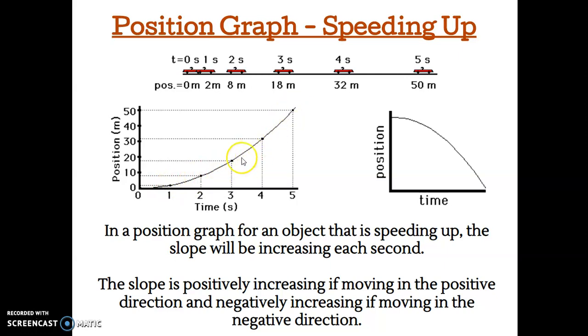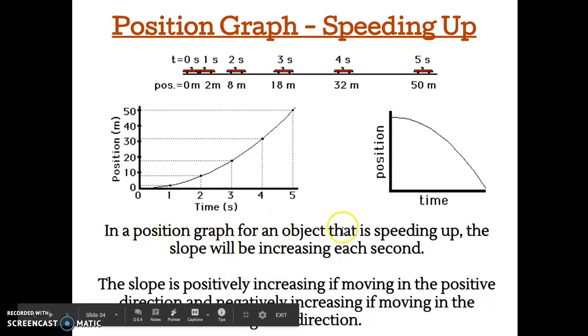If you look at this curve, the slope at any given point as we go in this direction is always increasing, meaning our velocity is increasing. And the slope all over this curve is positive. So that means our velocity is in the positive direction, which we can tell by looking at this diagram. The object is moving from smaller x values to larger x values. It's going in the positive direction.